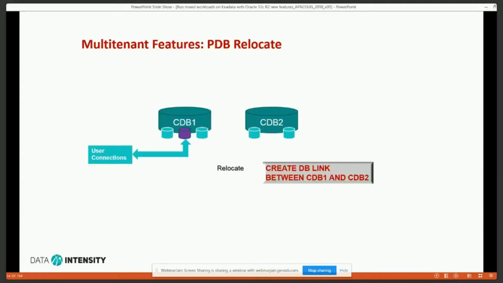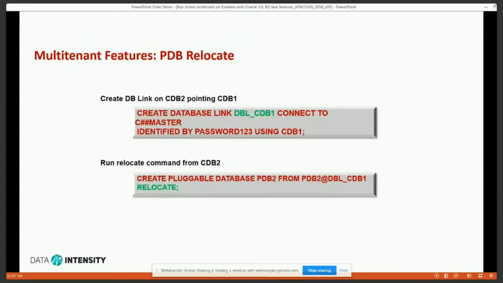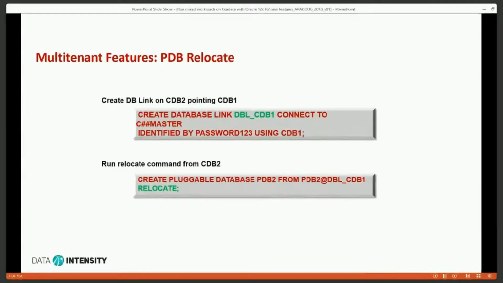All you need to do is create a database link between CDB1 and CDB2 and run a simple PDB relocate command. Okay, so here is the SQL statement, how you do it. Create a database link on CDB2 pointing to CDB1 and run a relocate command from CDB2.